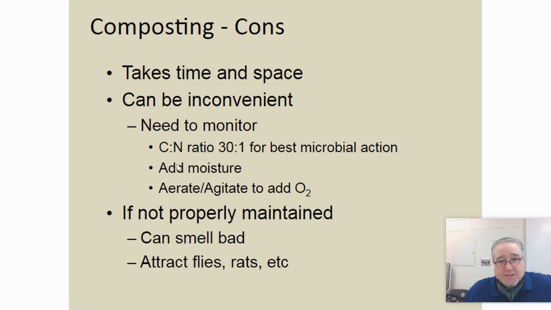For example, there has to be a certain carbon to nitrogen ratio in your composting pile. There has to be moisture, so you have to add water to it. You have to agitate it and aerate it occasionally to get oxygen in there. So you have to turn it over a lot. And if it's not maintained properly, then it's going to stink and it's going to attract probably pests, insects and rats. But if you do it right, it'll break down fairly quickly.